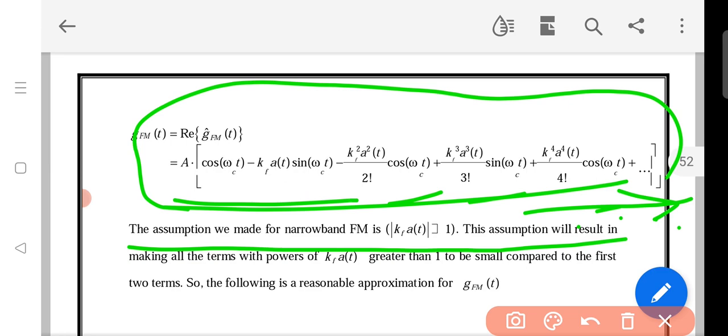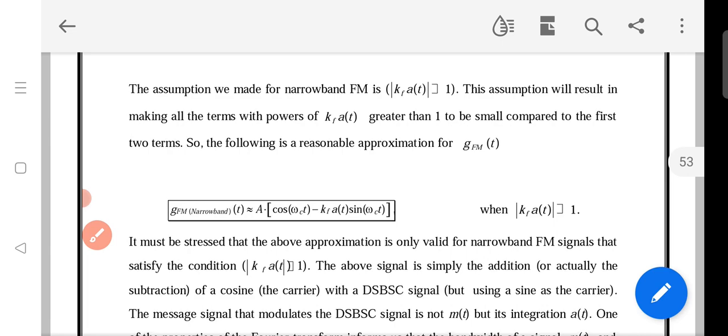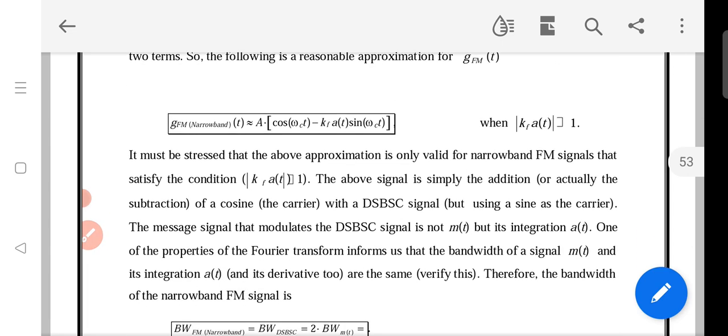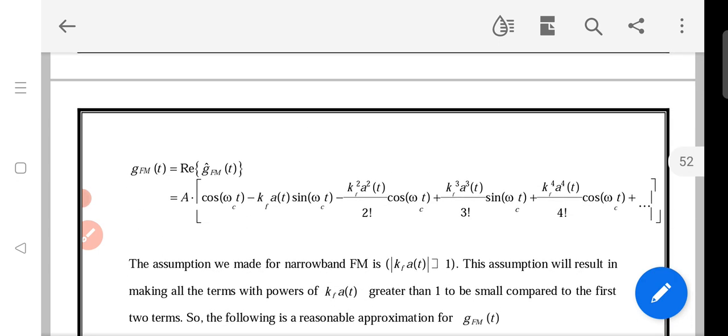This assumption results in all terms with powers of kf a of t greater than 1 being small compared to the first two terms, so we get a reasonable approximation for gm of t. By conclusion, we clearly state that the first two terms are called narrow band FM.